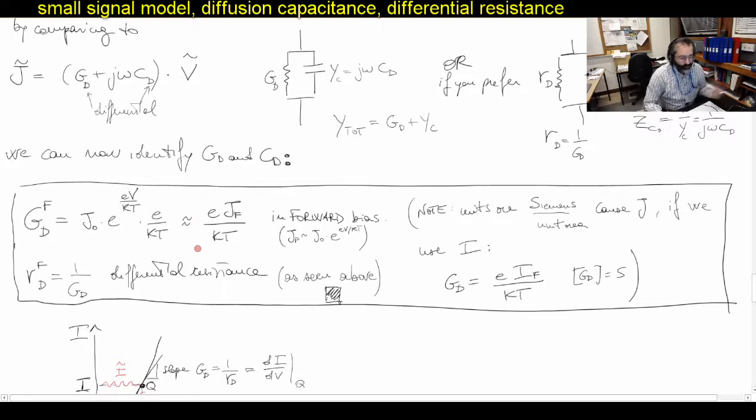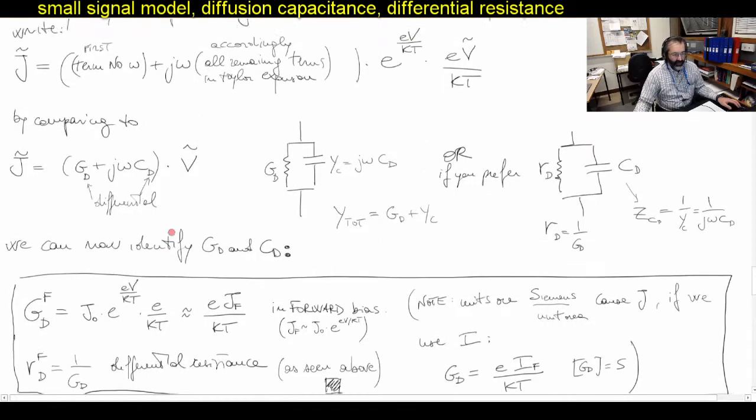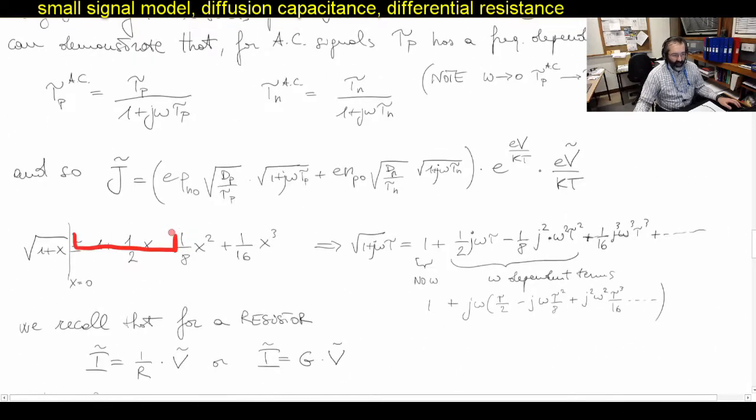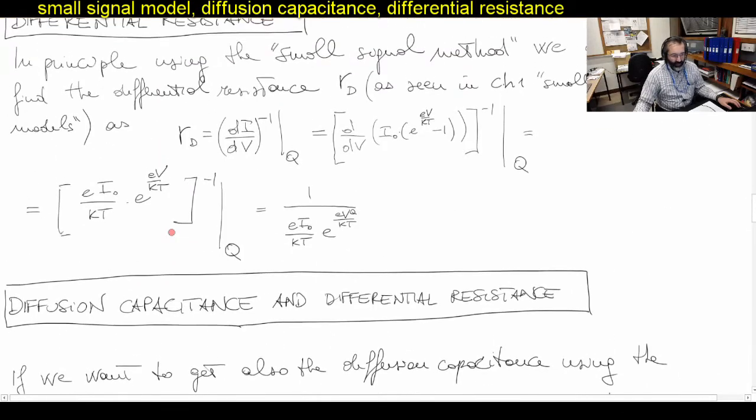And so in forward bias, we can write GD in this way, very simply. Obviously, you can see that this quantity is exactly what we had found previously. So if you do the inverse of GD, this is exactly the same as the one that we had found previously here.